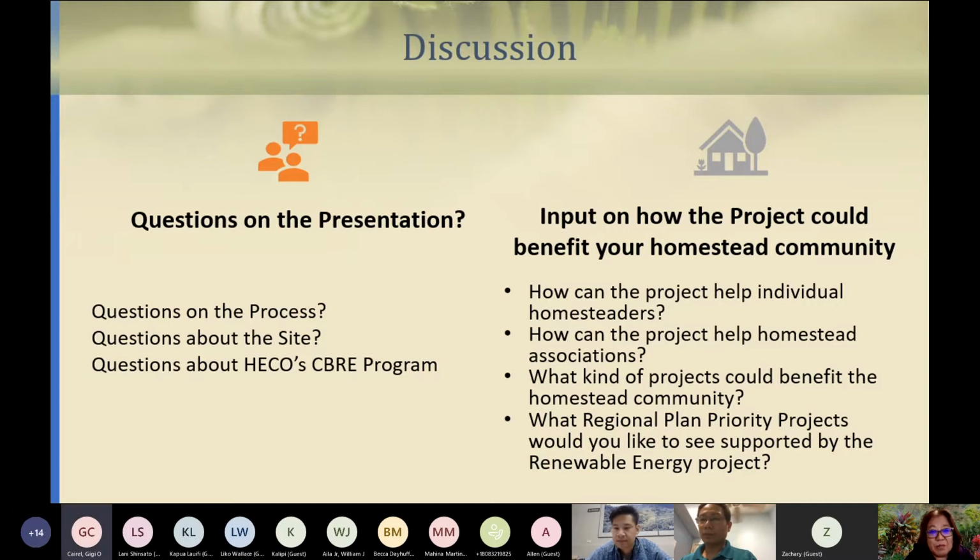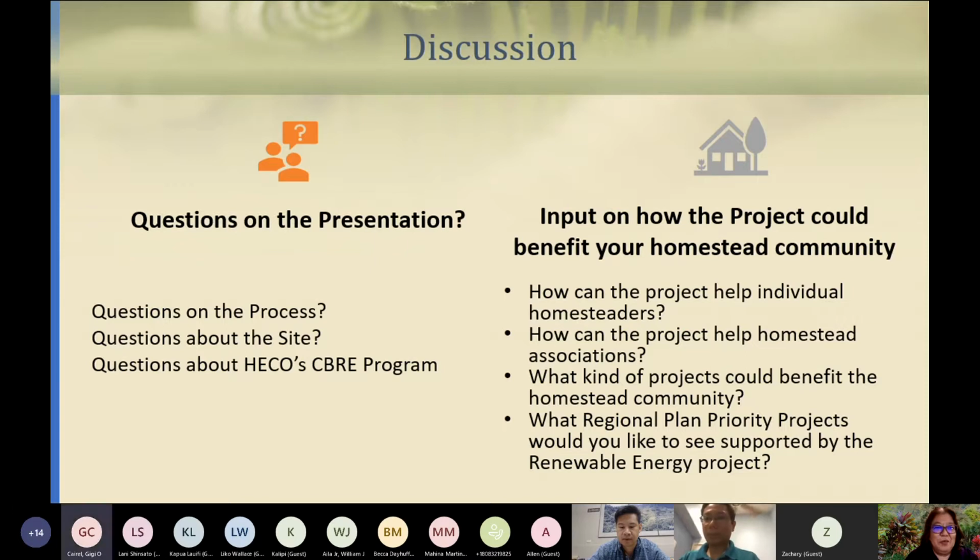We have the regional plan priority projects, which we identified earlier. Are those still relevant? Has something else come up? We want to be able to get the best benefit for our homestead communities in this as well. Anyway, do we have any questions?